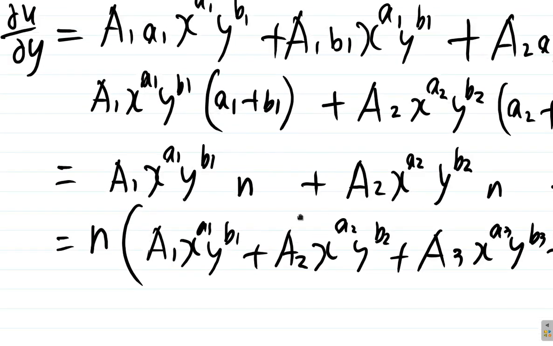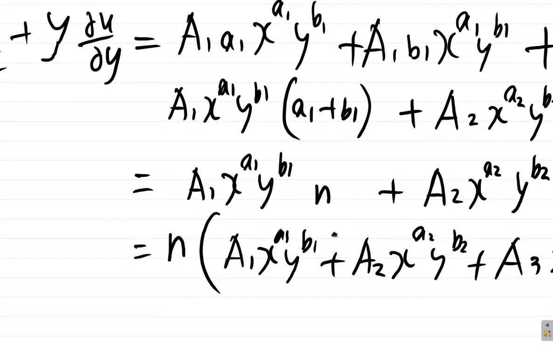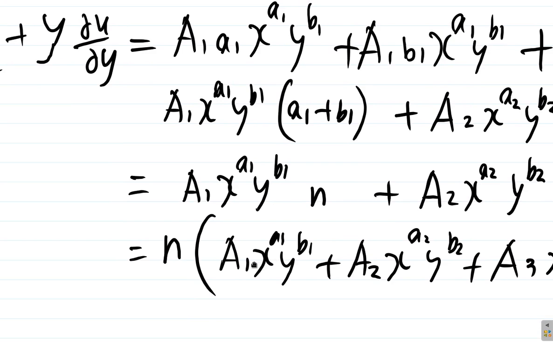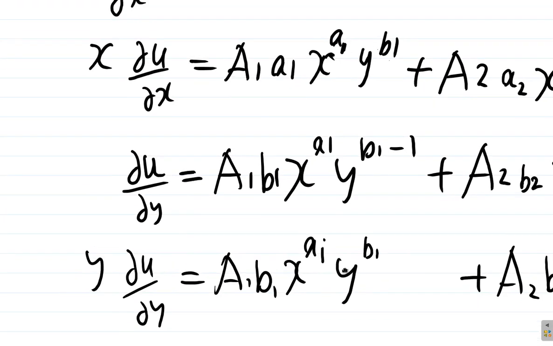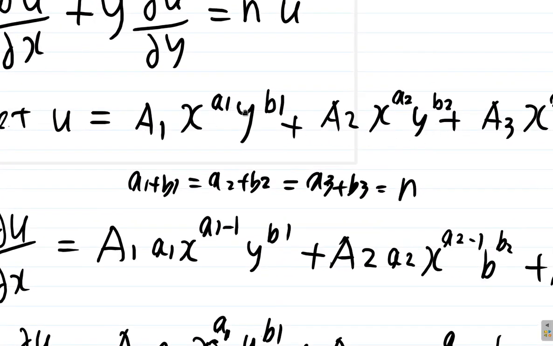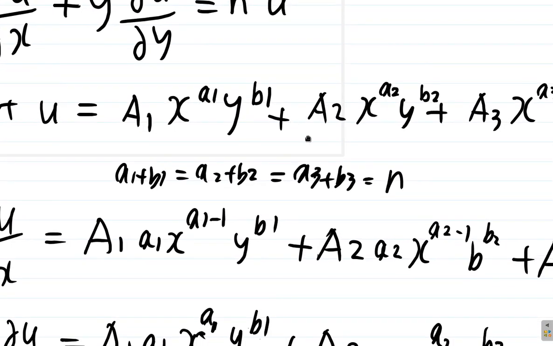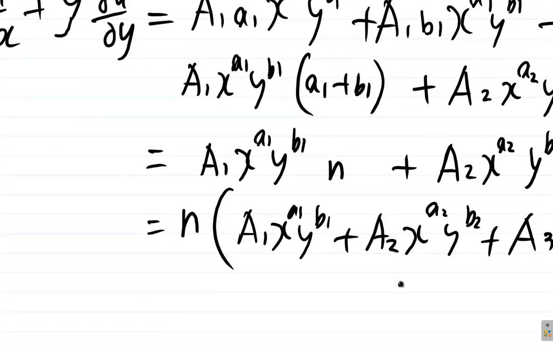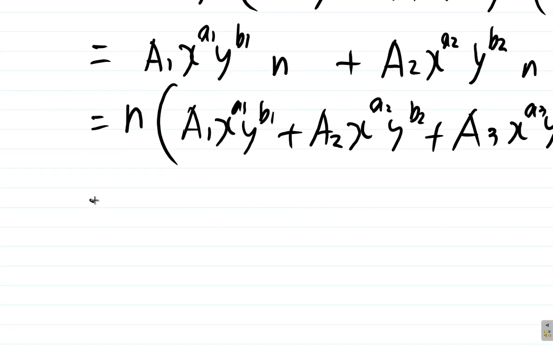Alright. Now here, this a1 x to the a1 y to the b1 plus a2 x to the a2 y to the b2 and so on, what is it? It is u. This is a function that we had called u. So all of this part is u, so it is equal to n u.